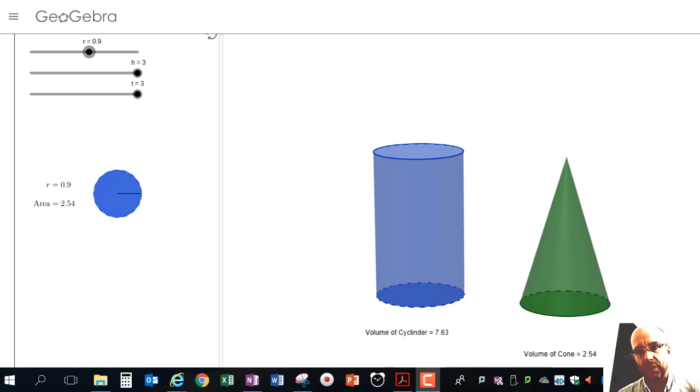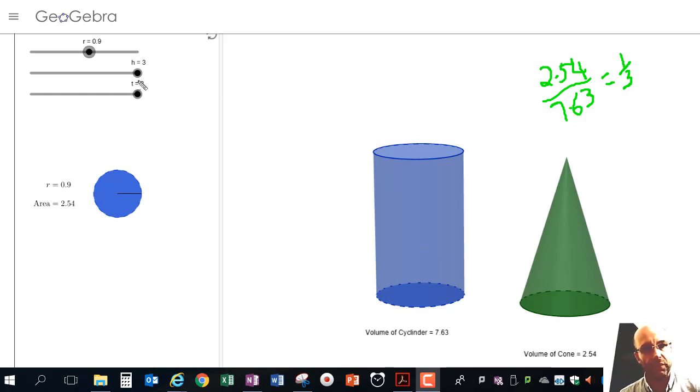And we can see that if we do another calculation, we've got 2.54 for the volume of the cone divided by 7.63. And that comes out, with rounding, to very close to 0.3 recurring, which is 1/3. So again, the volume of the cone is a third of the volume of the cylinder.